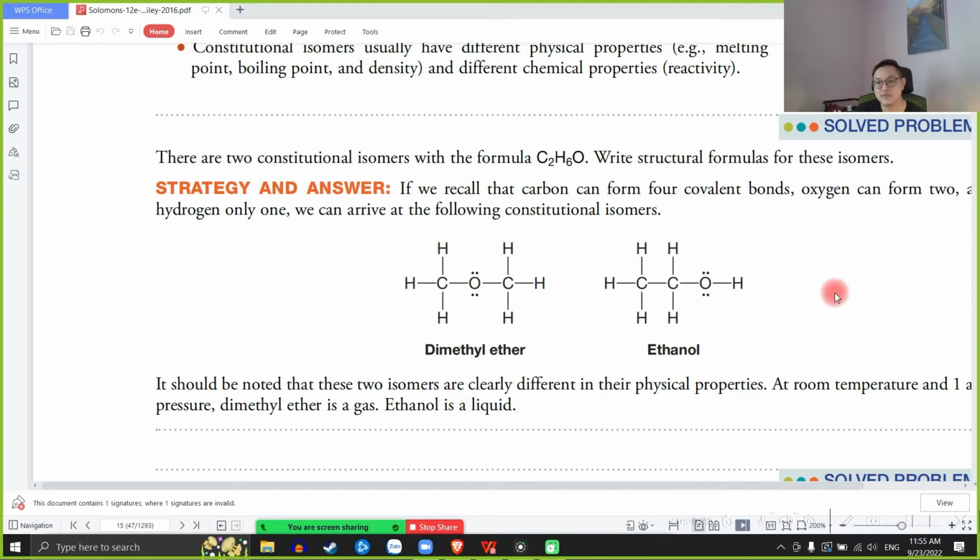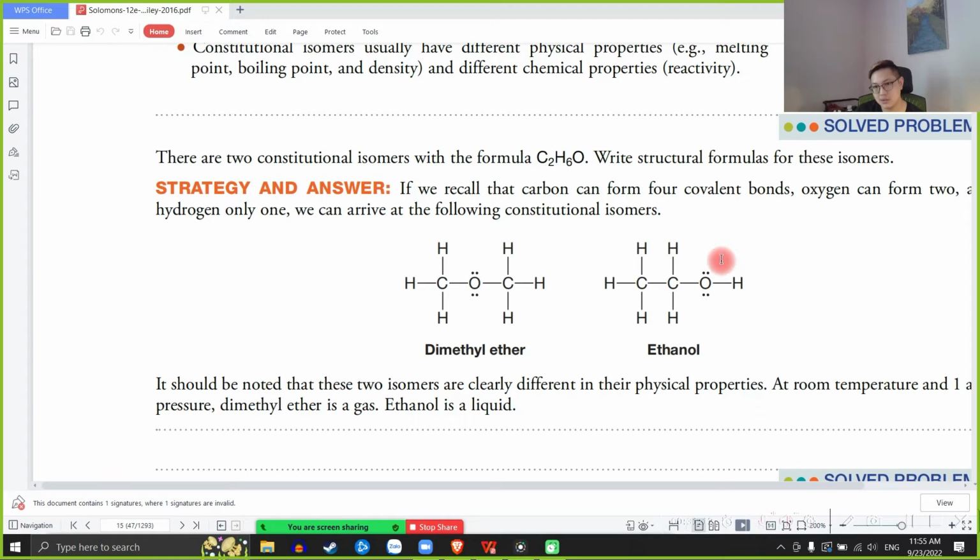Of course, they are different physically, because you see in ethanol, the oxygen is bonded to an H, right? So according to electronegativity, it's partially negative at the oxygen and partially positive at the hydrogen.